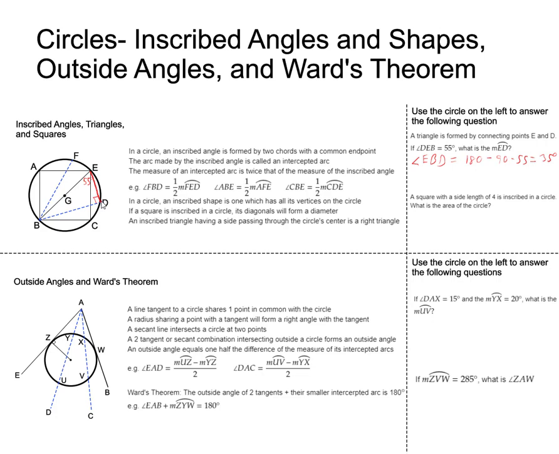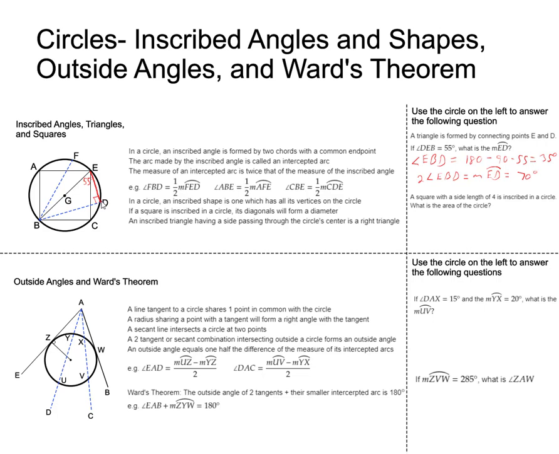Knowing that angle EBD is 35 degrees, we can figure out the measure of arc ED by noting that the measure of an intercepted arc is twice that of the measure of the inscribed angle. So we have 2 times angle EBD is equal to the measure of arc ED. So the measure of arc ED must be 70 degrees.